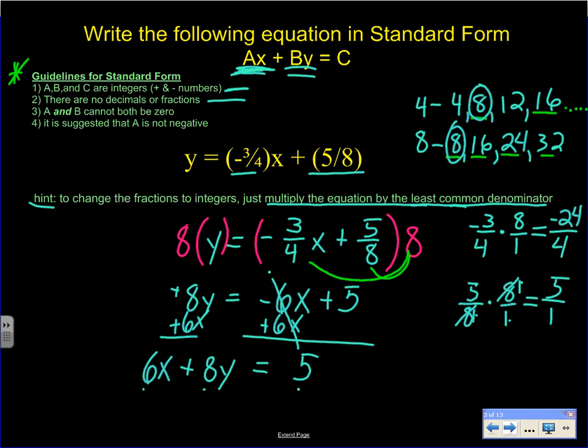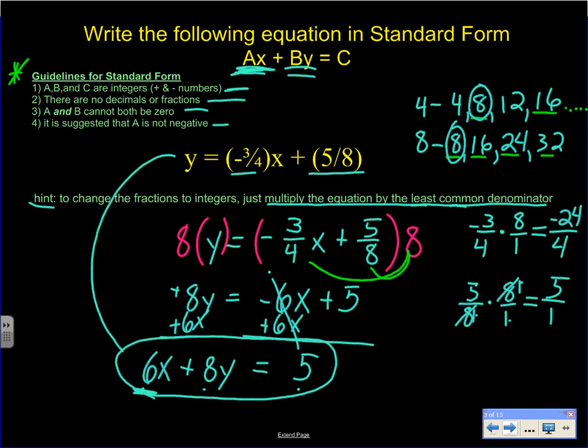A, B, and C are all integers. Guideline 3, A and B cannot both be 0, which is true, and it's suggested that A is not negative, and if we look at A right here, A is a positive 6. So therefore, you have changed that equation to standard form to look like 6x plus 8y is equal to 5.